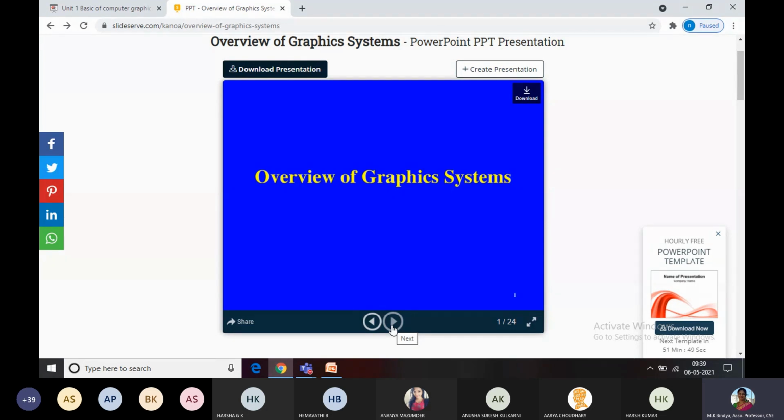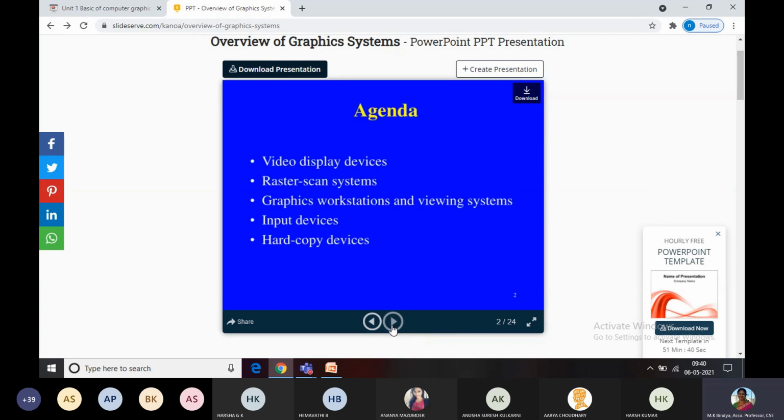Let us move to the next topic, the overview of the graphics system. In this overview, we'll discuss the different types of video display devices, raster scan systems, graphics workstations and viewing systems, several input devices, and also the hard copy devices. These are the main topics covered in the overview of graphic systems. Today we'll concentrate on video display devices.